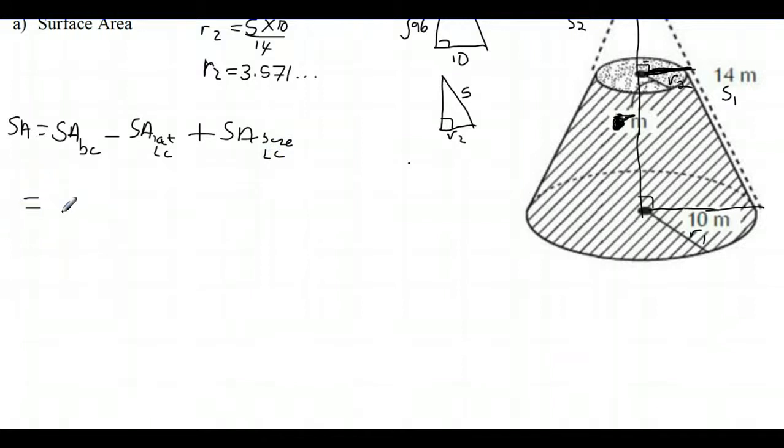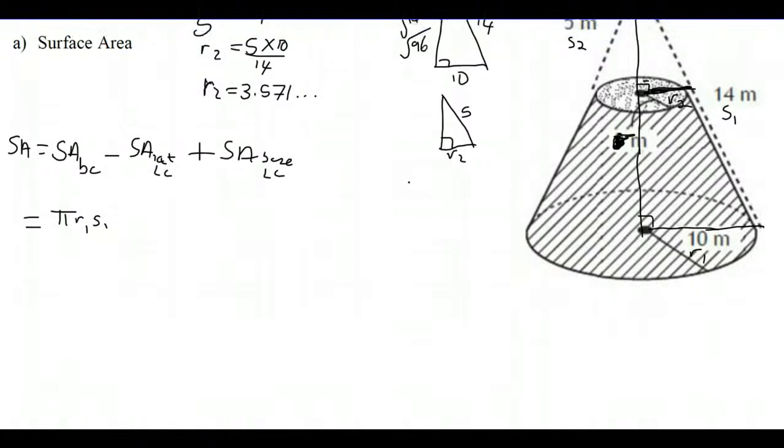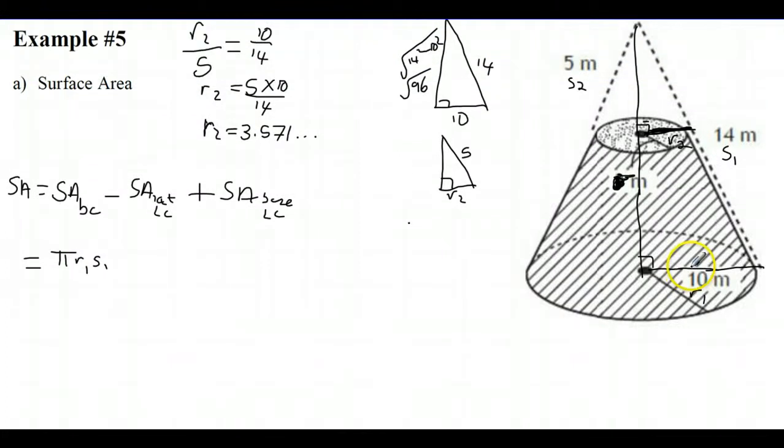Okay, ready? So surface area of the cone is pi r s. So pi r1 s1. Okay, and that's the lateral surface area of the whole thing. Plus, right, we're going to have to add on the base. So pi r1 squared. That's the area of this base.